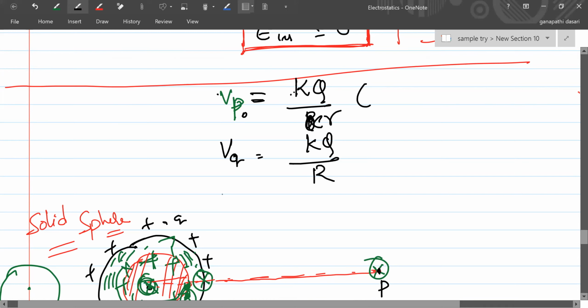Inside point, you know what it is? You might think 0, right? No, sir, it is not 0. Whatever is on the surface, that will be the same value even inside. Even if it is hollow, any point inside the sphere you take, the potential will be k q by r. Got it? Yes, sir.